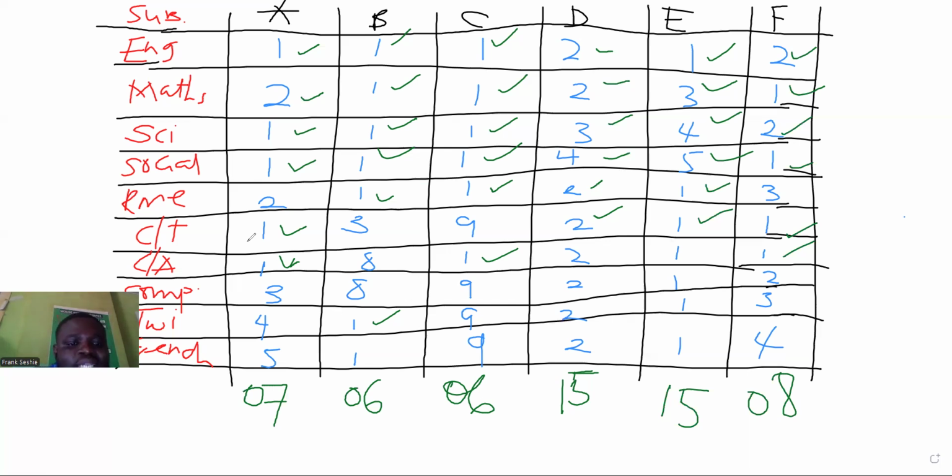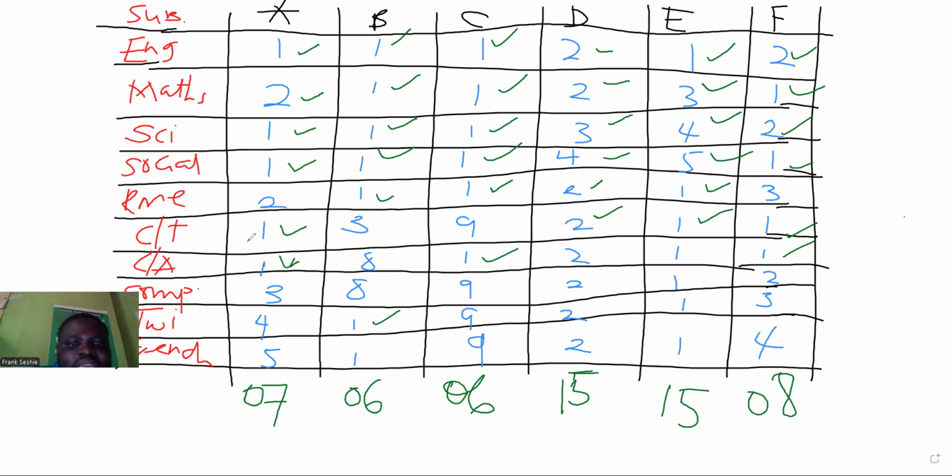There is something else to talk about, which has to do with the number of ones that you get. For instance, candidate A has 5 ones, but the aggregate score is 07. Candidate B has 7 ones, but the aggregate score is 6. Candidate C has 6 ones, and the aggregate score is 6.